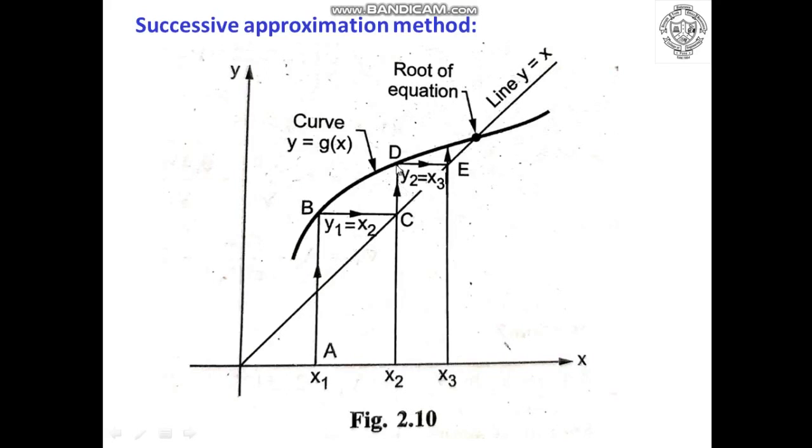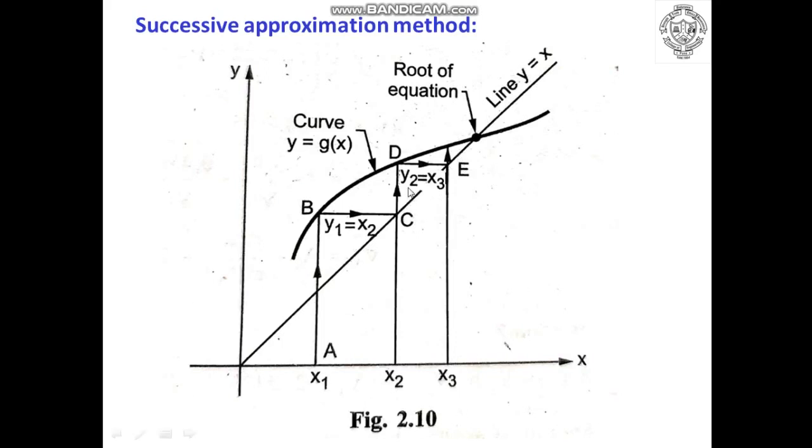Again, from point D I will draw a straight line inclined at 90 degrees for line x2D. I will get this particular line, which will intersect the straight line inclined at 45 degrees at point E. If you take the projection of point E on the x-axis, it is nothing but x3.